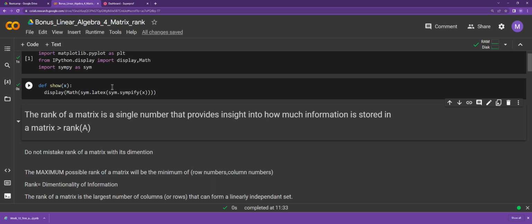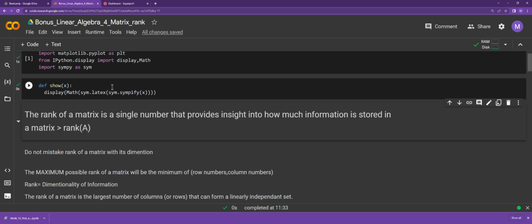If you think about it, the information in a matrix is going to be packed either in your columns or in your rows. And if these rows or columns are not linearly dependent on each other, it means they are independent. As such, a matrix which has, let's say, three columns or three rows which are linearly independent has three packs of information.